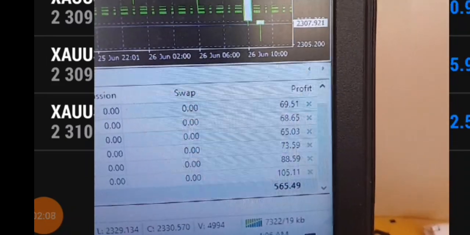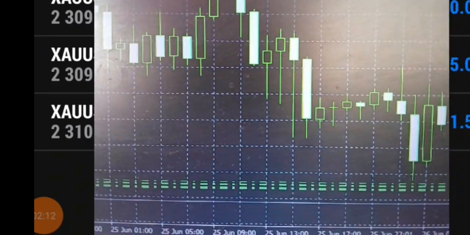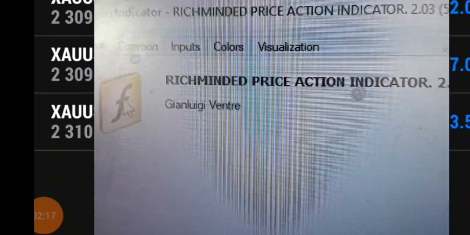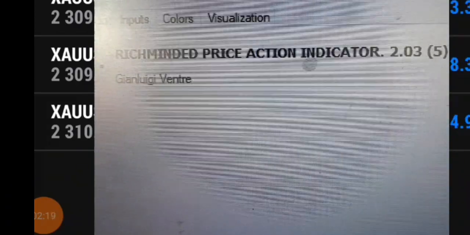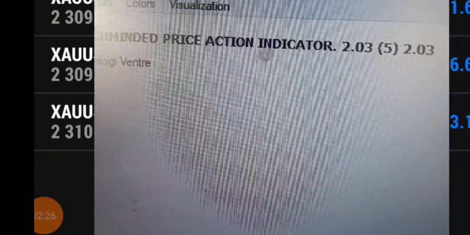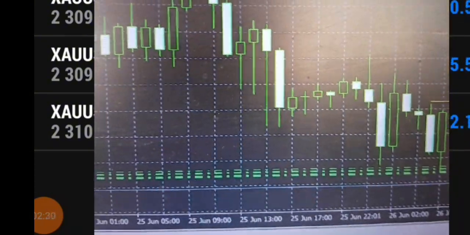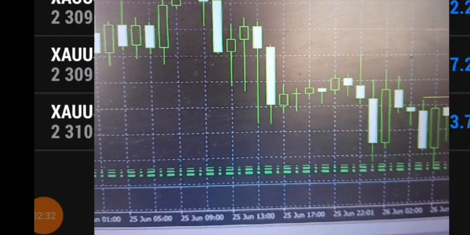As you can see, what is in the PC is what is here, and this is the indicator I told you about: the Richminded price action indicator 2.03. So this indicator is for you, and this is how it is working here.